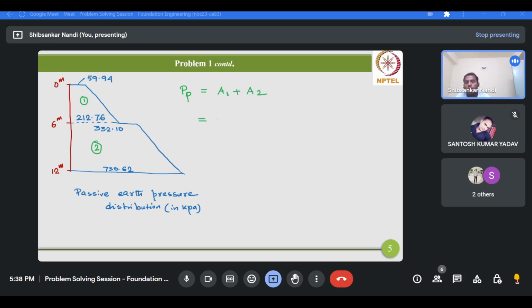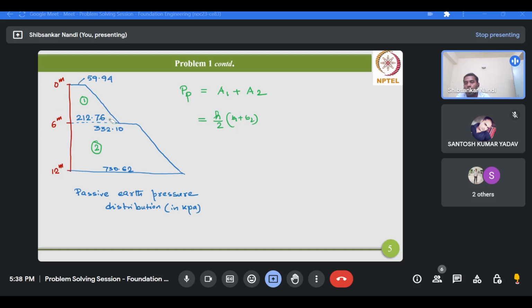Now how to calculate the area of a trapezium? What is the formula? Height by 2 multiplied by the summation of the two sides, b1 plus b2. Suppose this is one side b1, this is the second one b2, and this is the height.